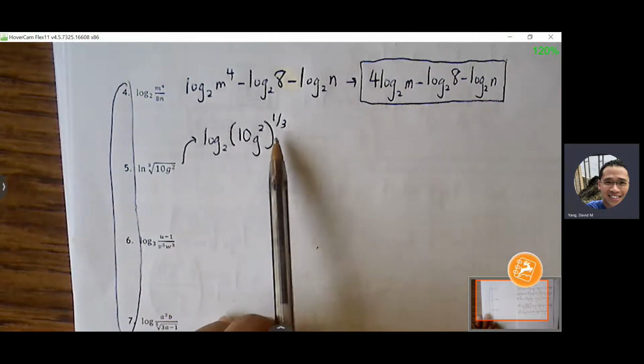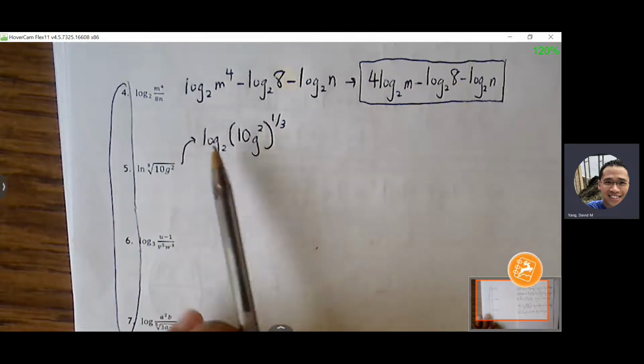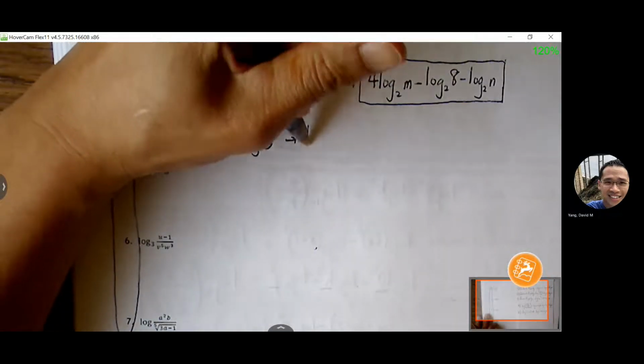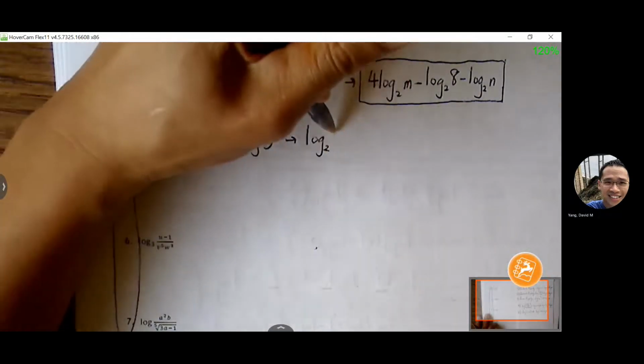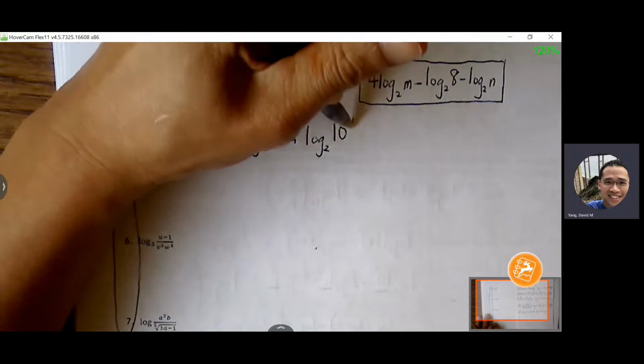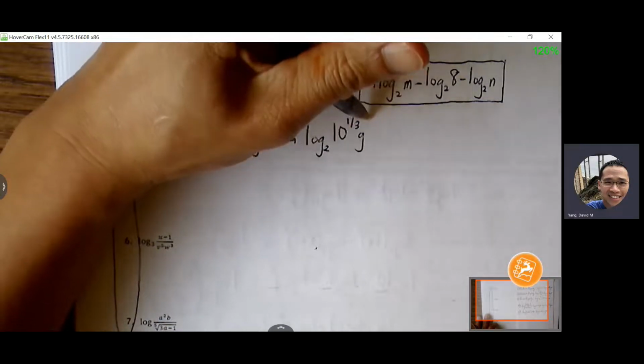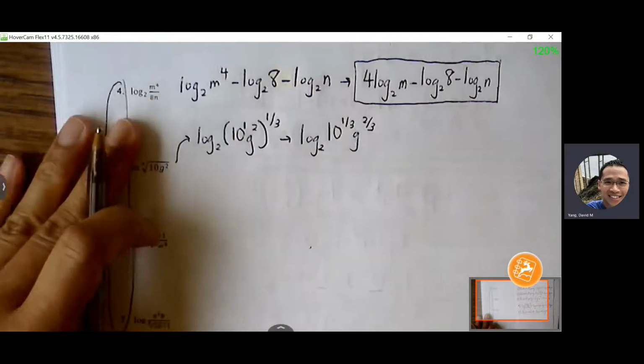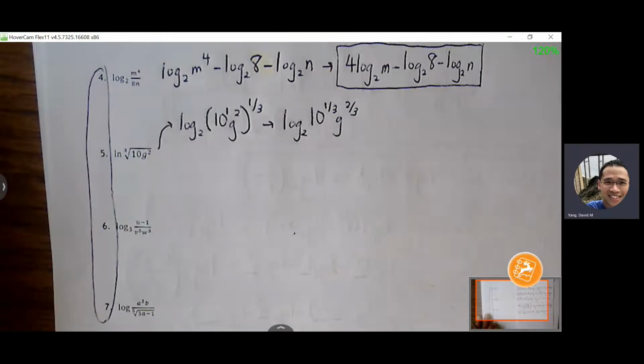It just feels a little bit cleaner if I just distribute the exponent through and I can separate them to begin with. So 10 to the 1/3 and g to the 2/3, right? We're distributing the exponent through the parentheses.